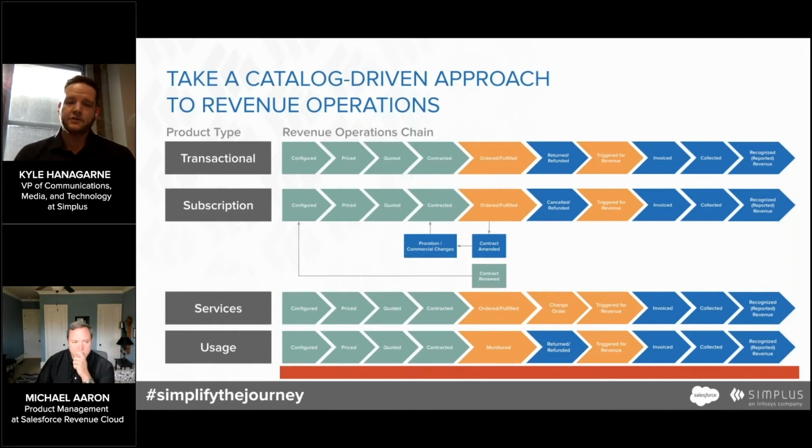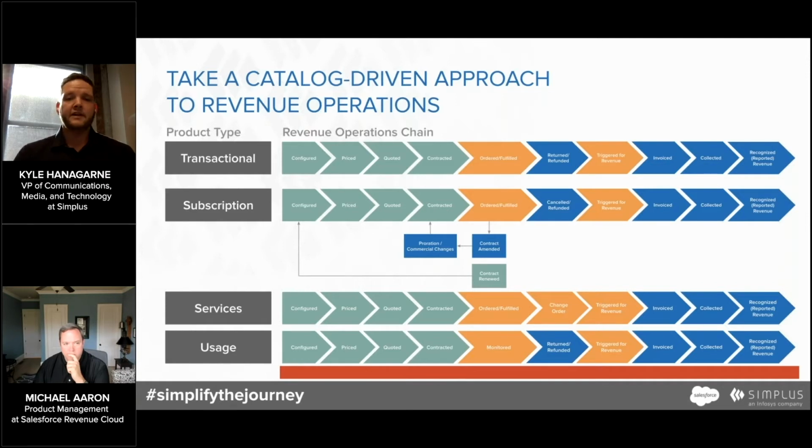You might sell transactional products. You might have subscription products. You might have usage products and be on the cusp of starting to sell services products or other types of products, right? Each type of product has its own revenue operations chain. A transactional sale might be different.